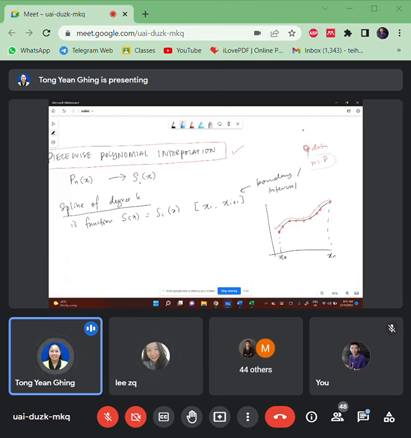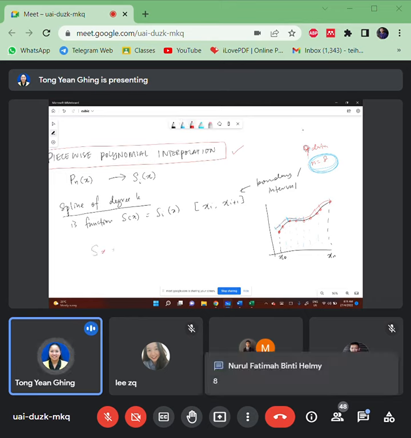Now I will divide this into a few sub spline functions. How many spline functions will I have? Cubic polynomial, based on the interval.